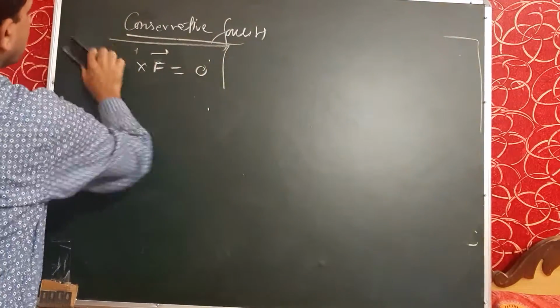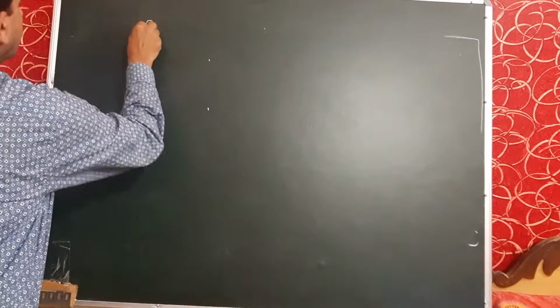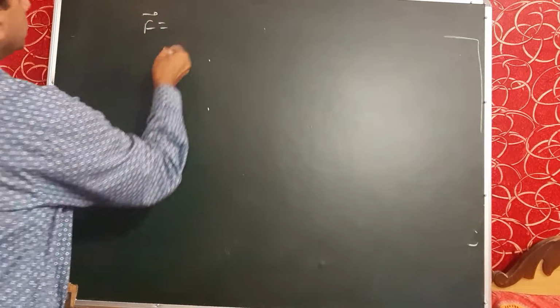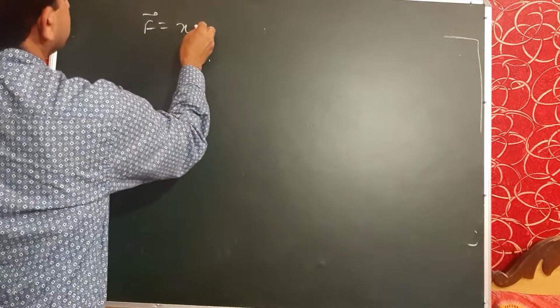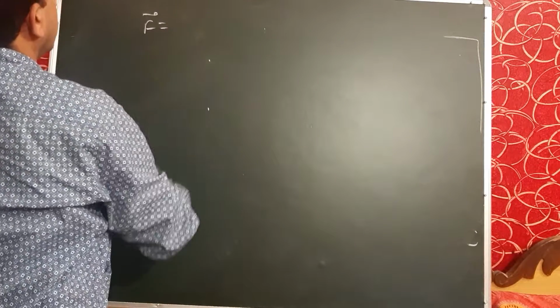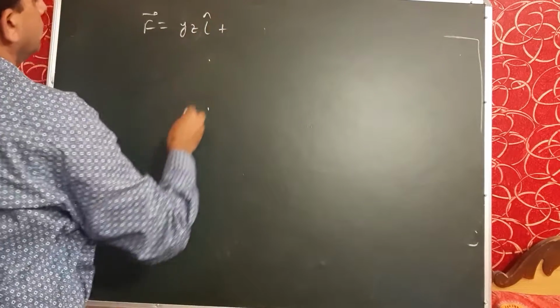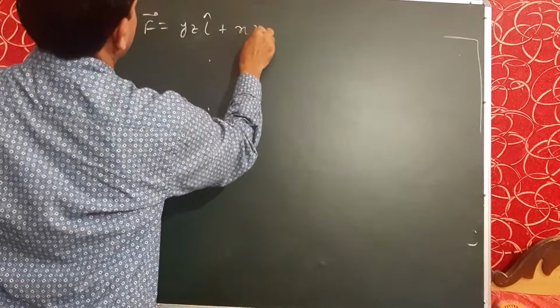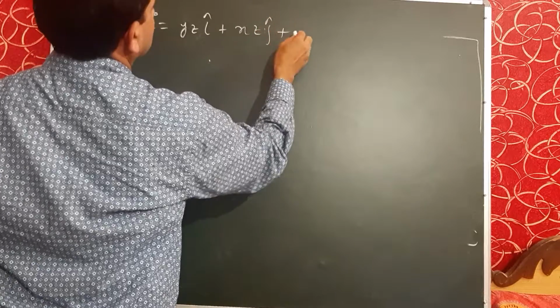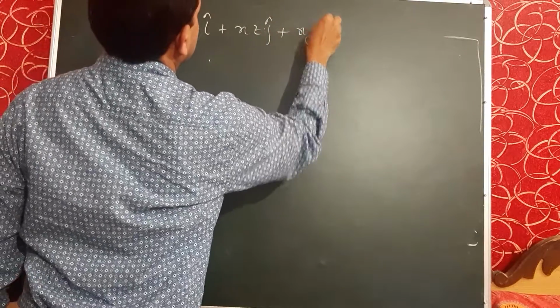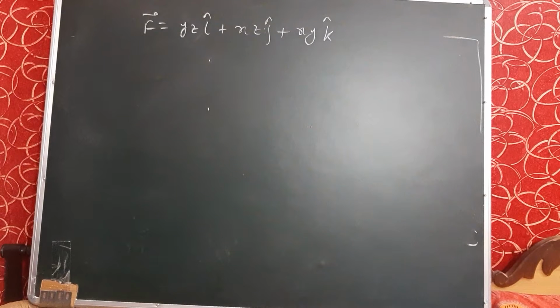Write down. The first numerical is, show that the force F is equal to yz i cap plus xz j cap plus xy k cap. Let it be an expression for force.